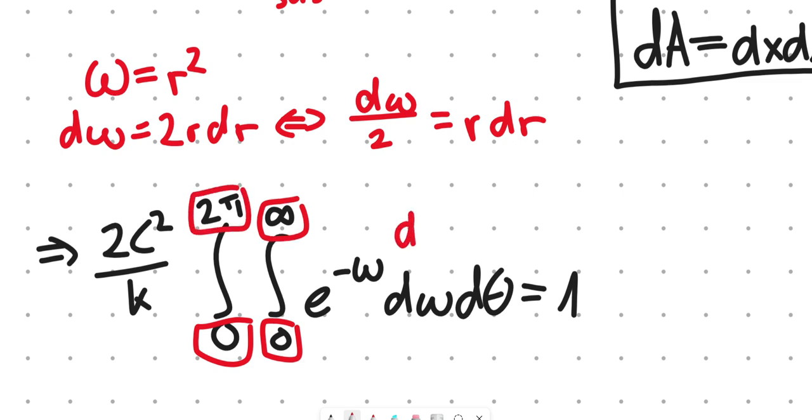I had dr times r. The r dr is with respect to the radius. The radius of convergence of this bell curve is infinite, since the bell curve can go to infinity. This is why we have to calculate the surface of all the radiuses from 0 to infinity.